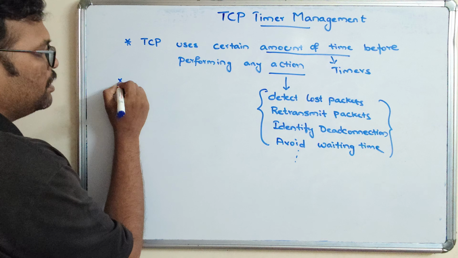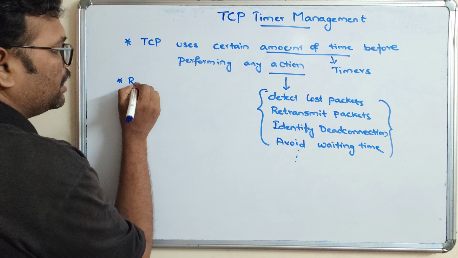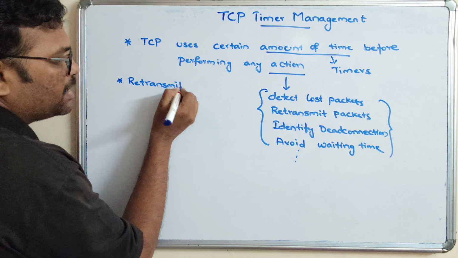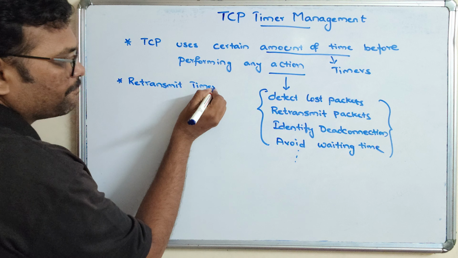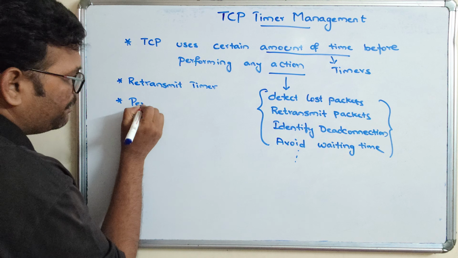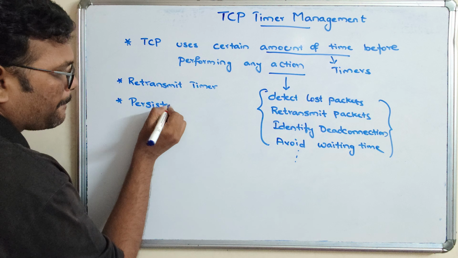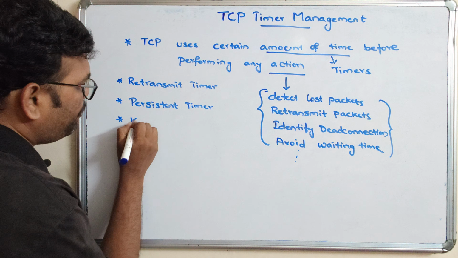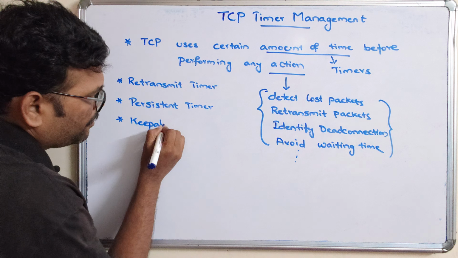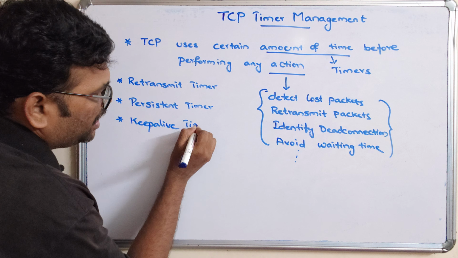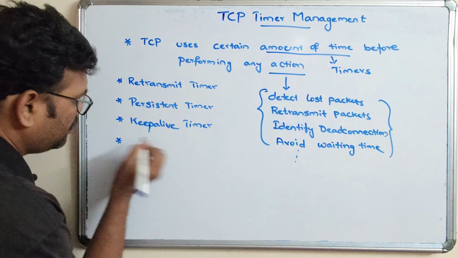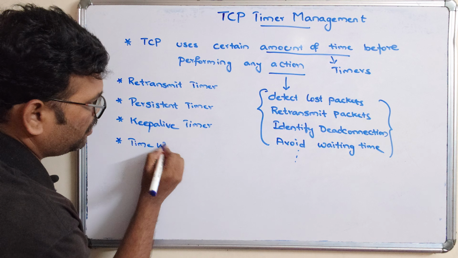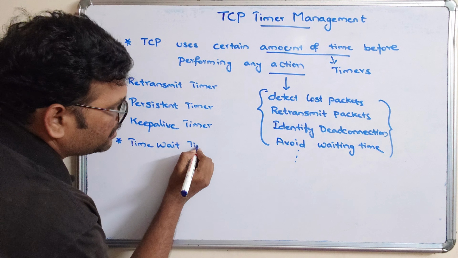The first one is the retransmit timer, then the persistent timer, the keep alive timer, and the time wait timer.